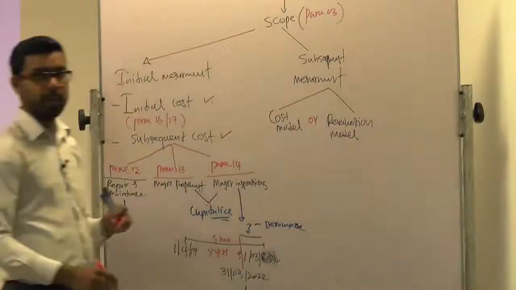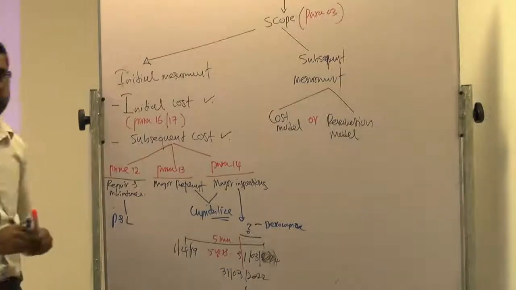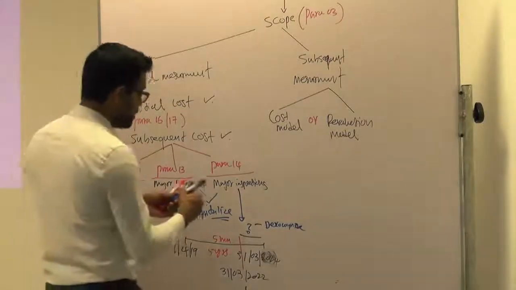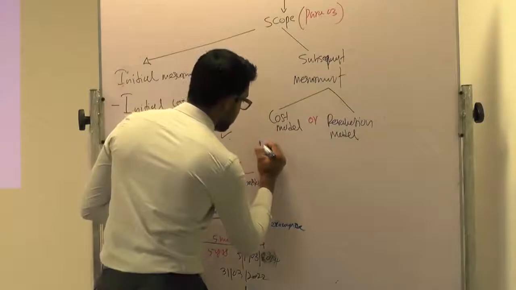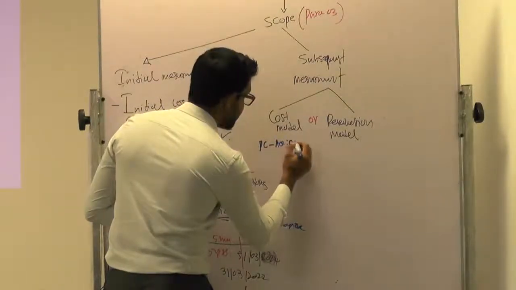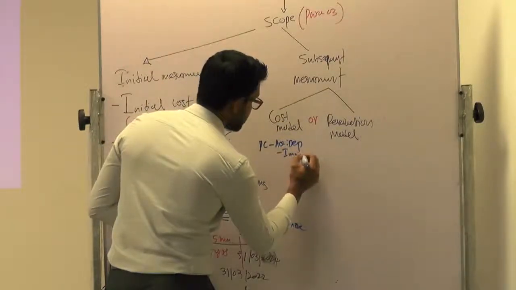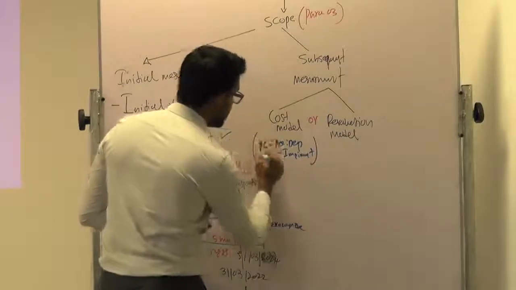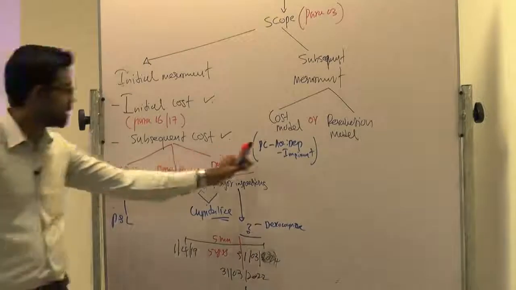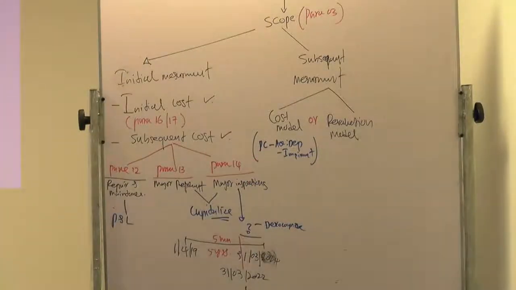You have an option. Either you can select the cost model or the revaluation model, right? Cost model means your purchase cost minus accumulated depreciation minus impairment, if there is any. This is the cost model, right? Purchasing cost minus accumulated depreciation and subject to impairment if there is any.